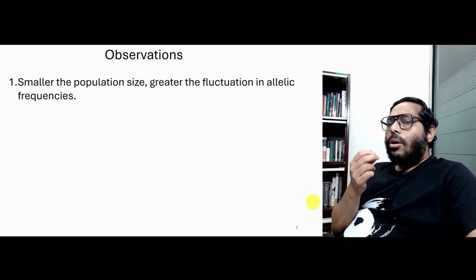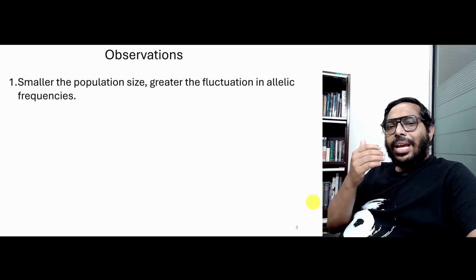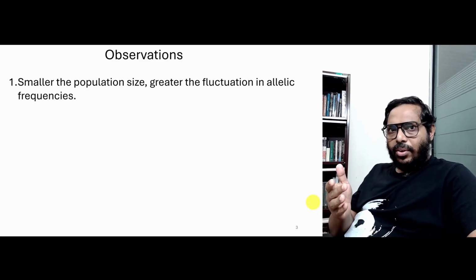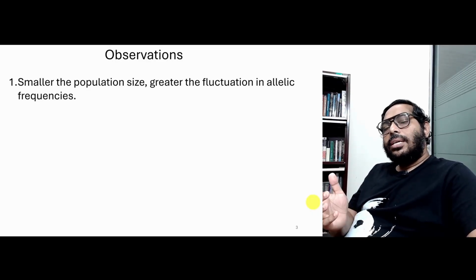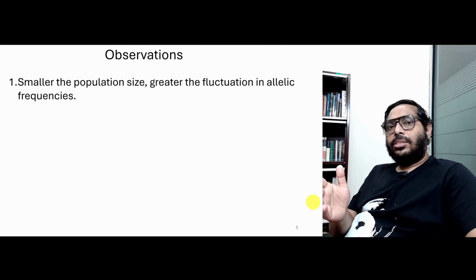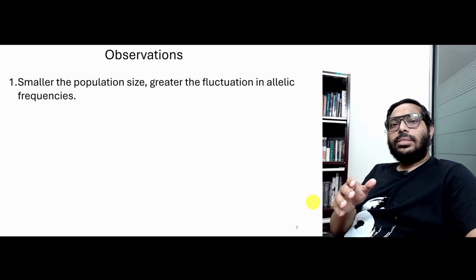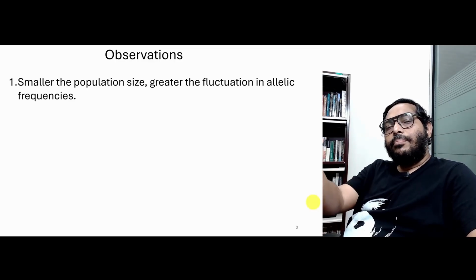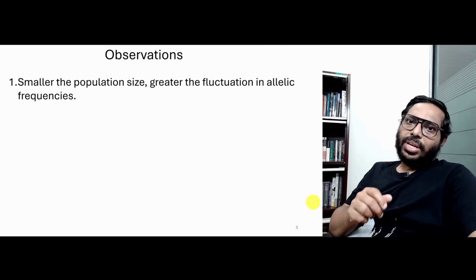Now, in order for us to negate this, when we were deriving Hardy-Weinberg, we said that the sample size has to be very large, so large that even though it is a sample, it is completely representative of the population from which it is being taken.